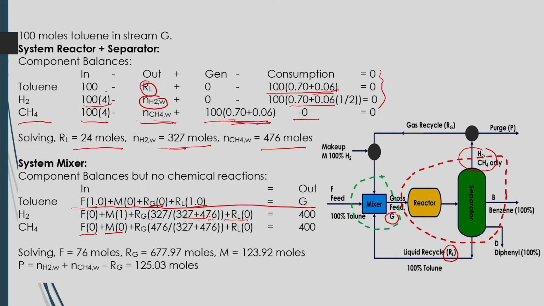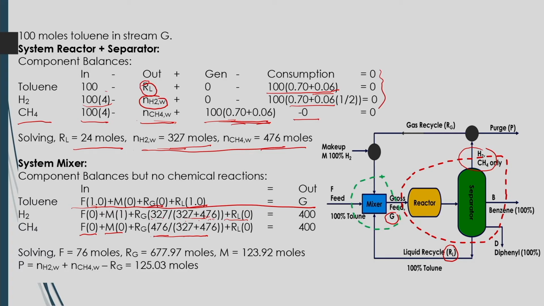In a similar fashion, as we said earlier, the fraction can be written as the amount of methane out of the total moles of methane and hydrogen. So, this is simply 476 divided by 327 plus 476, as per the amounts we got from the material balance by considering the system of reactor and separator.